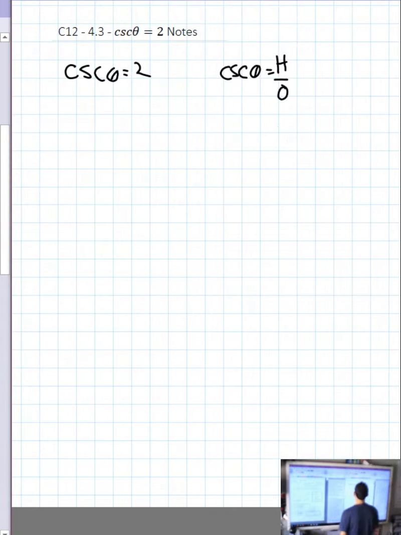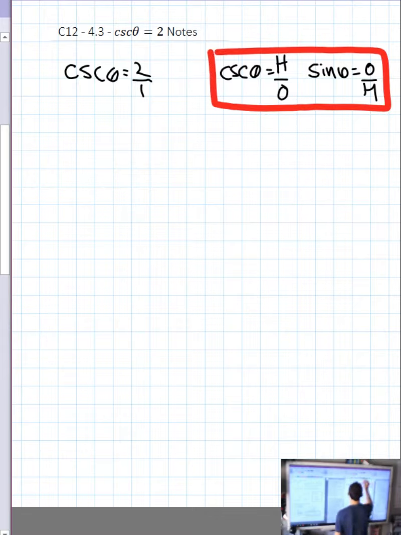So if cosecant is equal to the hypotenuse over opposite, and I know that sine theta is equal to the opposite over hypotenuse, well, if my 2 in the question is over 1, I know that I have a hypotenuse of 2 and an opposite of 1 from our definitions. Therefore, sine theta would just equal the flip of that.